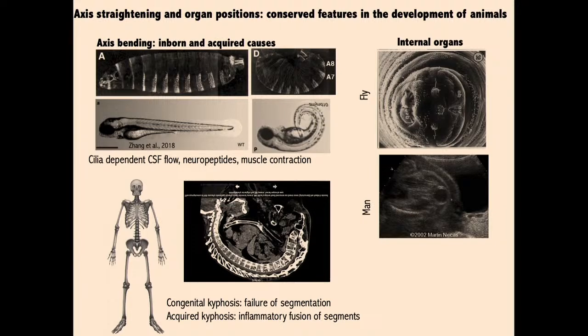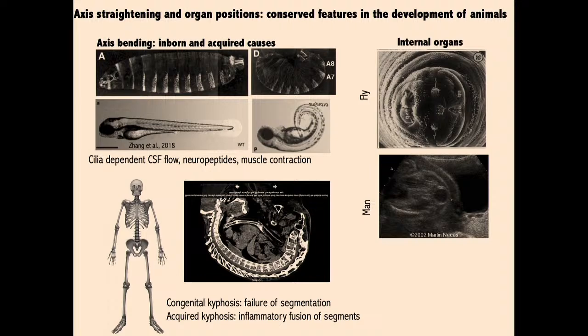of this axis straightening across organisms, although maybe the mechanisms are slightly different. In humans, you can have something called congenital kyphosis, which is of course due to a failure of segmentation, but in many cases you'll see that segmentation can be intact, but you will have adults who are bent like this.